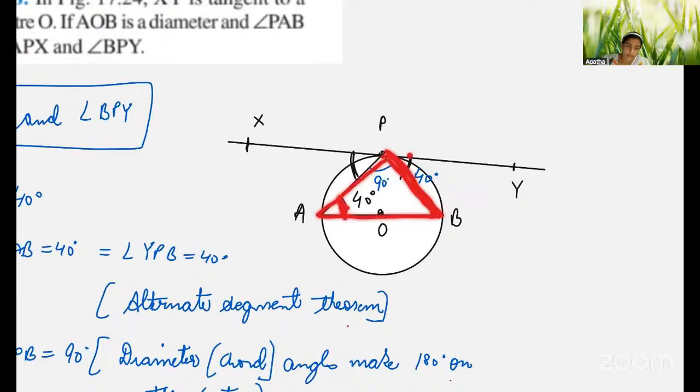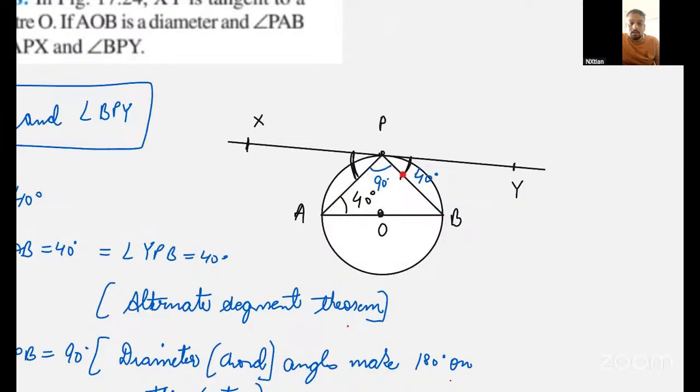And the same chord will have an angle with the tangent. The thing is, it should be the same chord. It shouldn't be a different chord. I can't say that this angle and this angle are equal, because this is the AP chord making the angle with the tangent, and this is not making the angle on the circumference. It will be this much. This and this will be equal, and this will be equal.